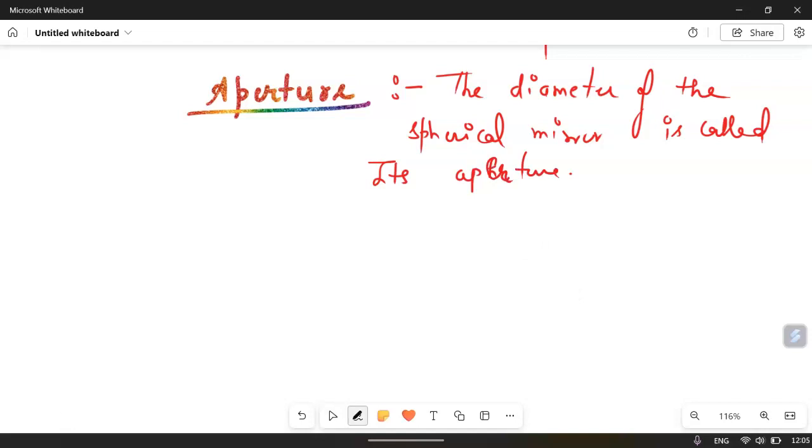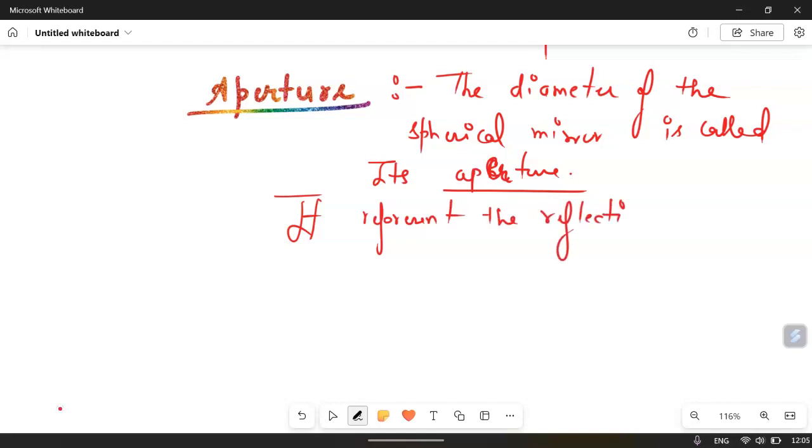Diameter. We have talked about radius also. So the diameter is this, and it represents the reflecting surface of the mirror. What does it mean?